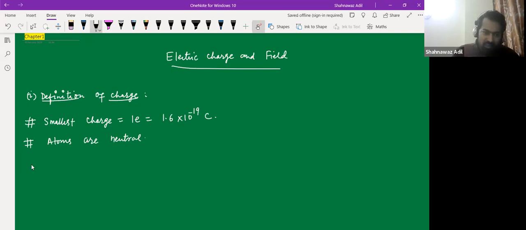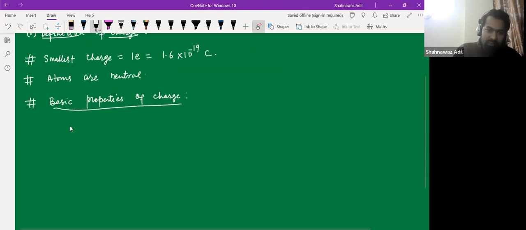And then we talked about basic properties of the charge. There were four basic properties of the charge, right? What was the first property?